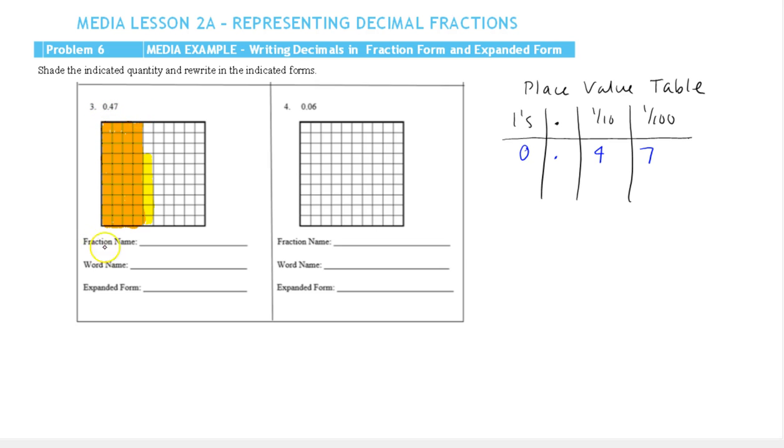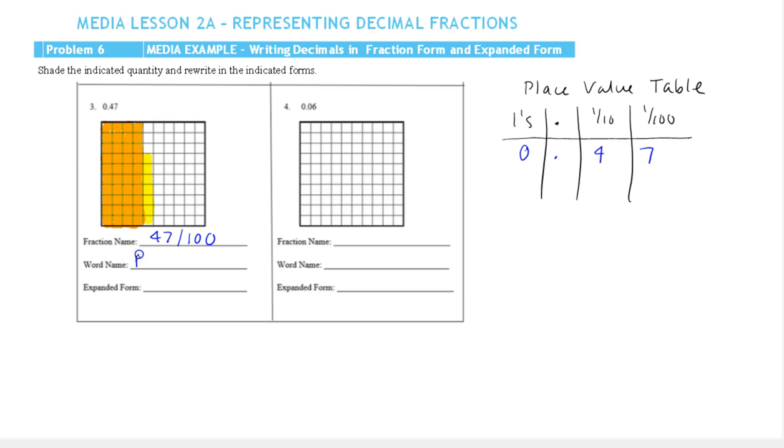So let's think of this as a fraction name and a word name so we can connect all of these ideas. Well, as a fraction name, it is 4 tenths plus 7 hundredths, but remember we like to use one place value. So we think of it as 47 hundredths. So 47 out of 100. So there would be 47 yellow squares if we made these yellow.